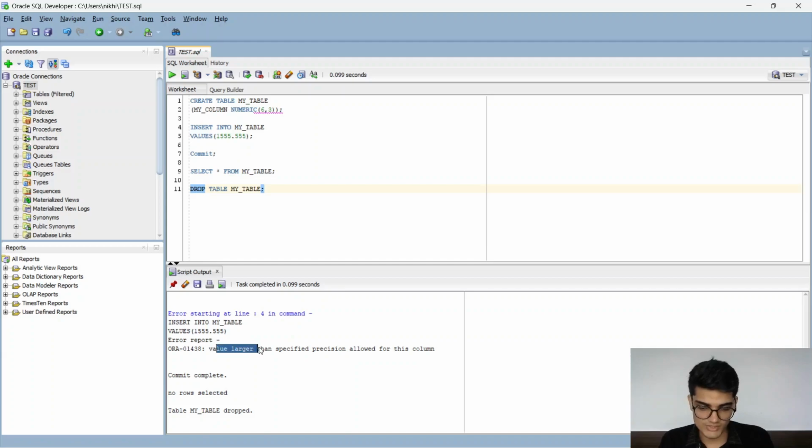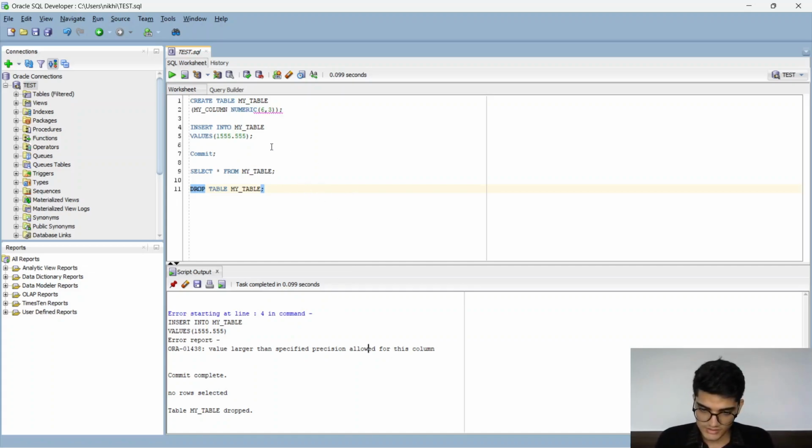It says the value is larger than specified precision. So we cannot store a value which is larger than the specified precision. We can store a value larger than the specified scale, it will round off, but we cannot store a value which is larger than the specified precision. It will give us an error. So keep this in mind.